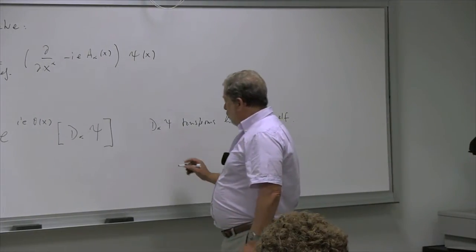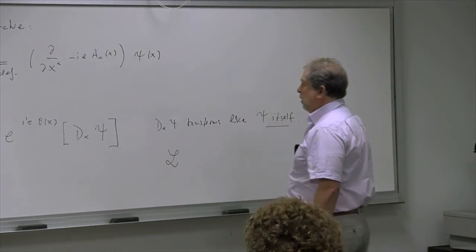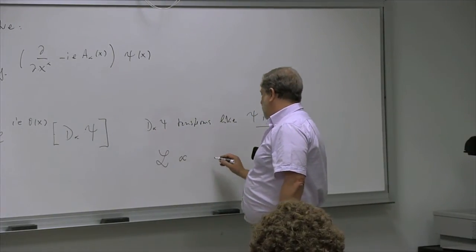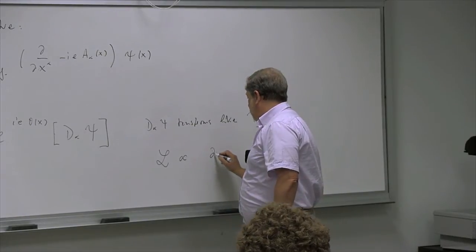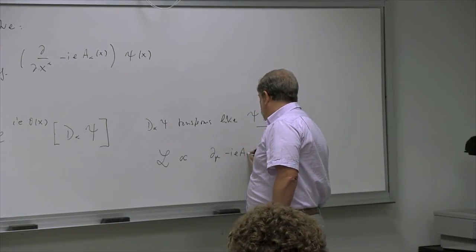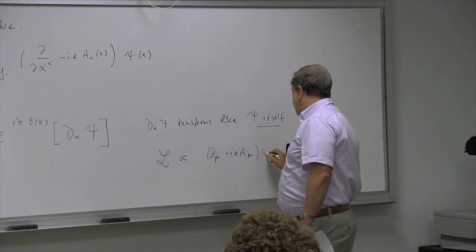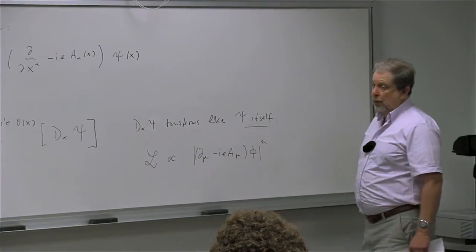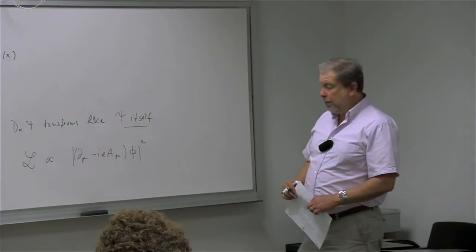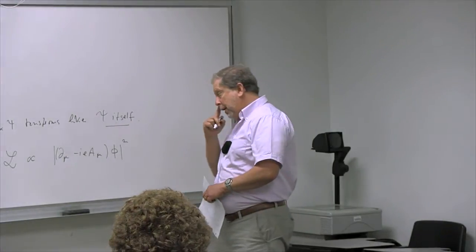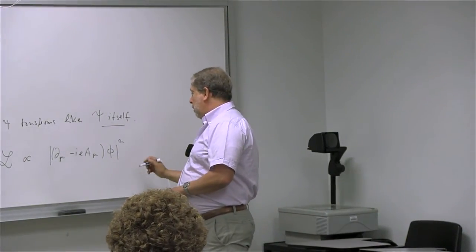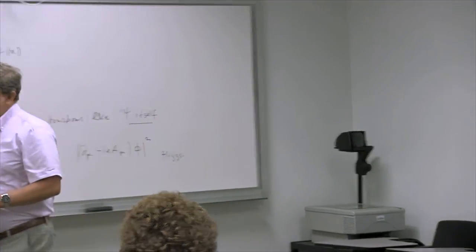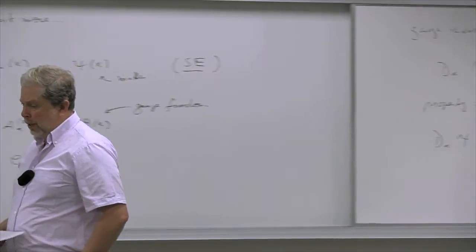So that means that if you want to construct, for example, a Lagrangian density for a field psi, then what you would do is take d mu minus I e A mu and have that act on the field, and then, if the field is complex, you would take the square of that. This would be guaranteed to be gauge invariant. And this is, in fact, exactly the Lagrangian for the Higgs field, up to potential terms. So when you have a scalar field, you want to couple in this way.